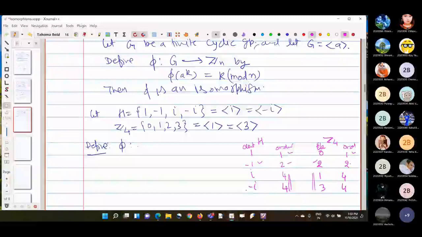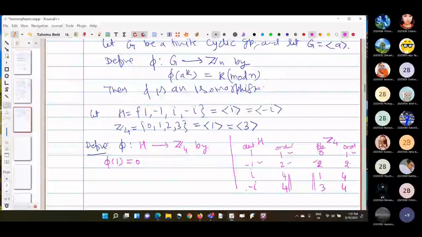So we can define phi from H to Z4 by how we can define. Do you remember that under homomorphism we have seen that identity maps to identity? Okay, so identity should be fixed. So 1 should be mapped to किस पे? 0 पे. ठीक, पक्का, कोई दिक्कत नहीं. Okay.